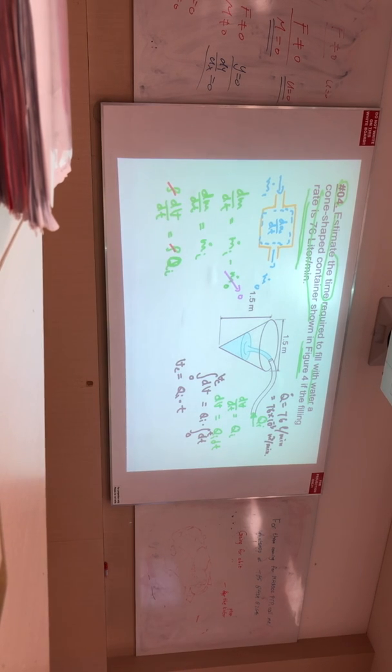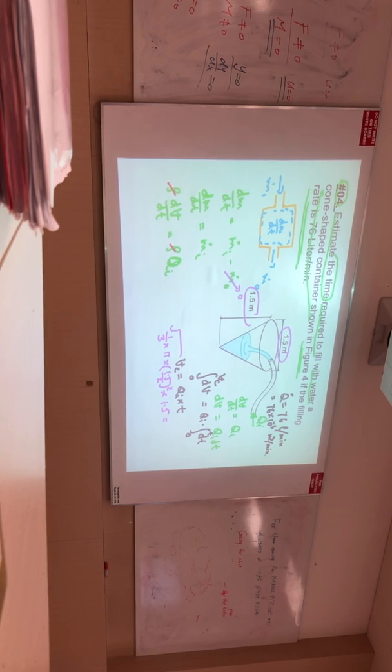Then what is the value of Vc? Tell me. Vc is equivalent to the volume of the cone, right? This value is equivalent to 1 over 3 pi r square h, right? R is 1.5 by 2, and h is 1.5.